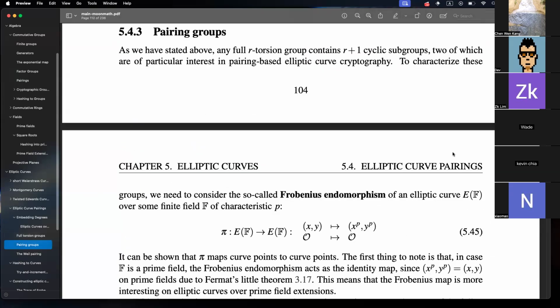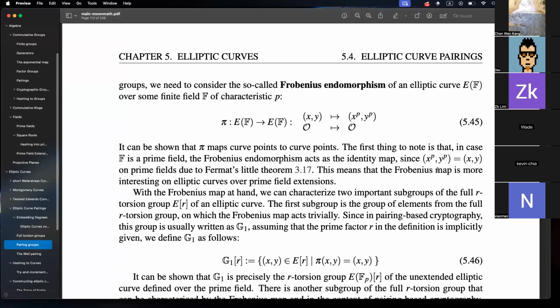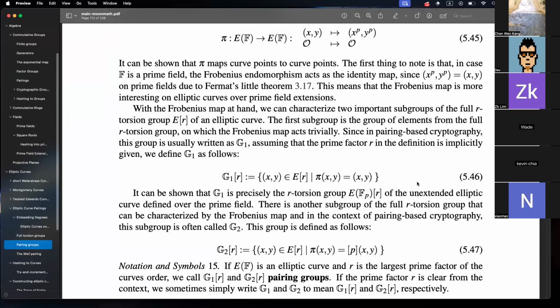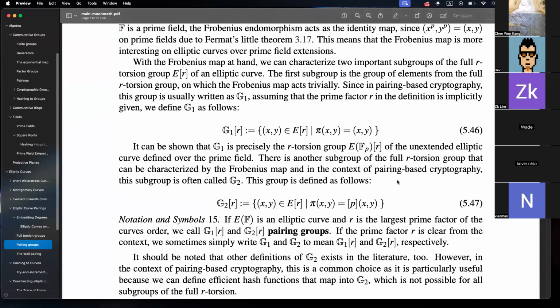Okay, I think I was at pairing groups. Any questions on this part? In pairing groups, we use the r-torsion to calculate our G1 and G2. Both of them come from the r-torsion group of the elliptic curve, specifically the full r-torsion group, so you need to calculate the embedding degree here.